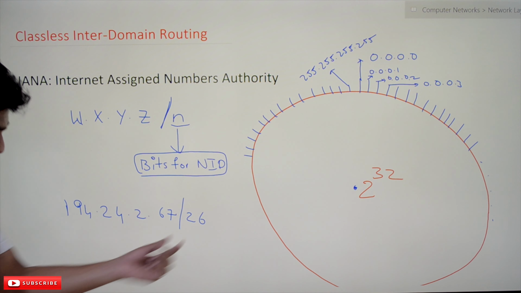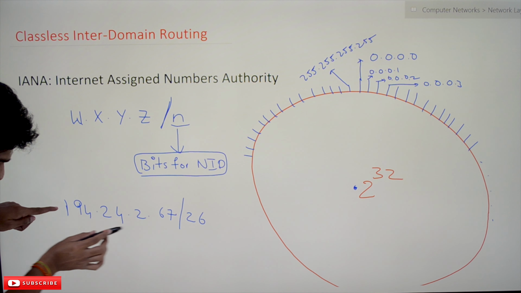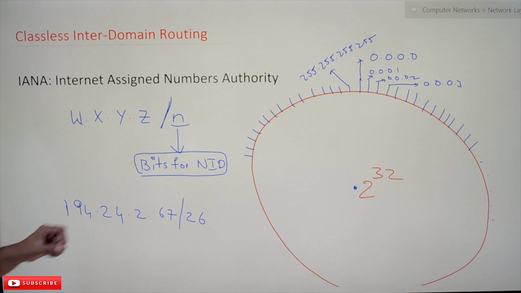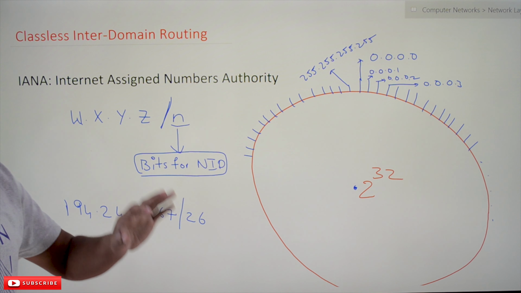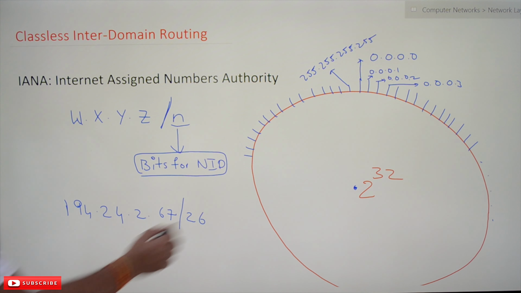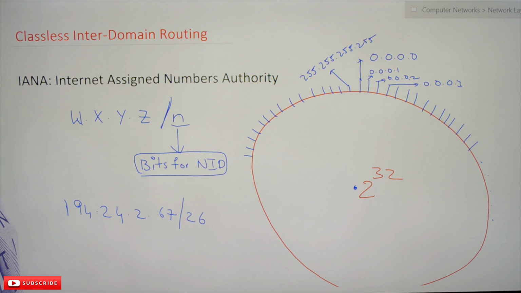What it represents is that the first 26 bits are for the network ID, and the remaining 6 bits are for the host ID.